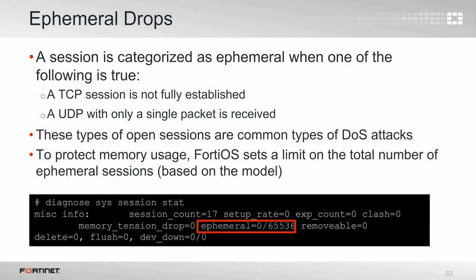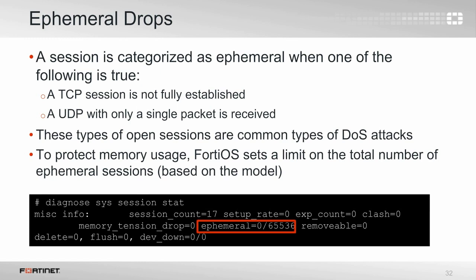FortiGate has a mechanism to protect memory usage against some forms of DoS attacks. FortiGate categorizes an entry in the session table as an ephemeral session when it is a TCP session that is not fully established. In other words, a three-way handshake is not completed.